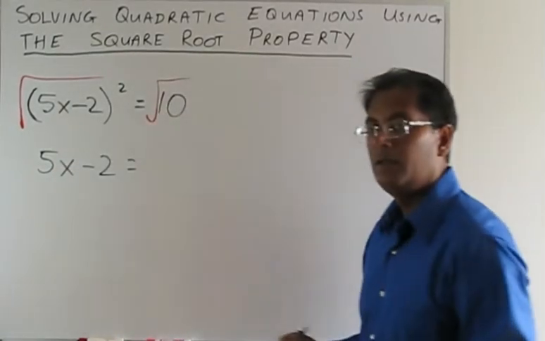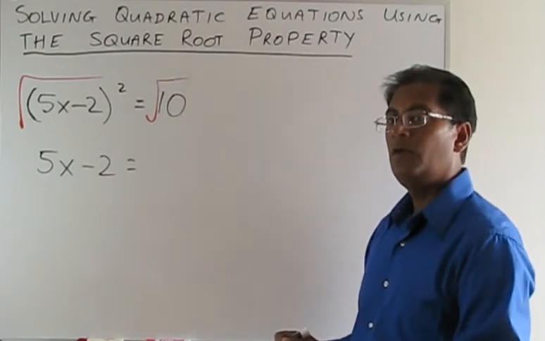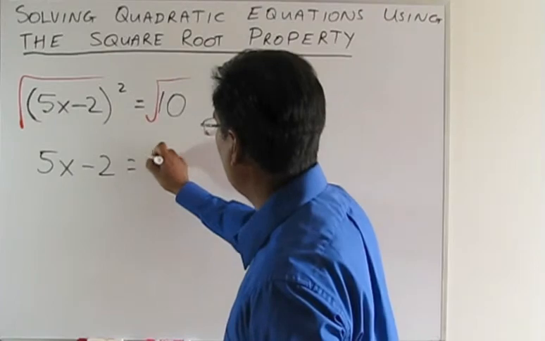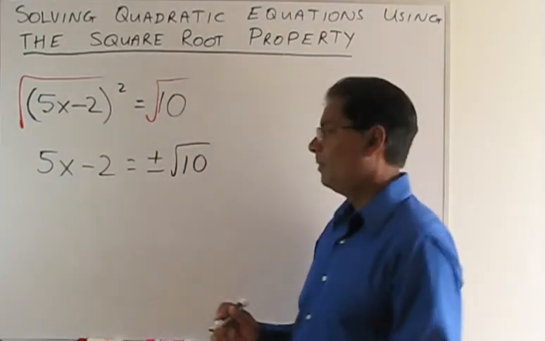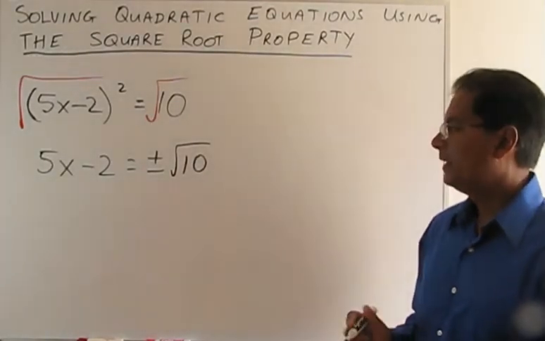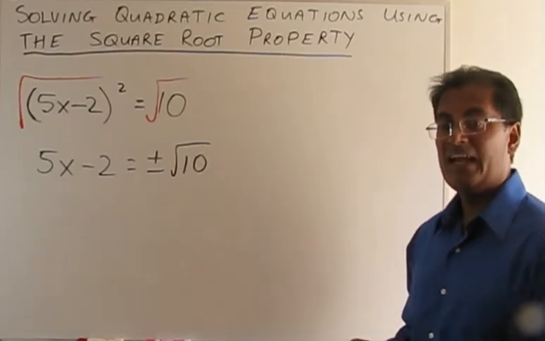And the right side becomes what? Remember, you can have the positive root of 10 or the negative root of 10. So I'm going to write plus or minus root 10, which means the positive root or the negative root. Now we want to find what x is.